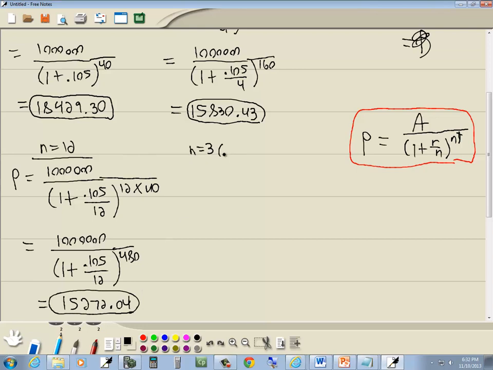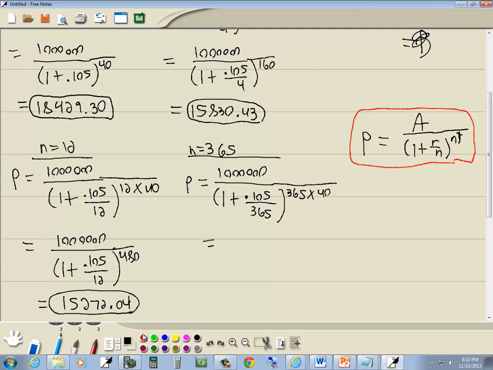The next one is N is equal to 365. Plug into the same formula. So we've got 1 million divided by 1 plus R, which is 0.105, divided by N, which is 365, raised to NT power, which is 365 times 40. Now this one I'll type in as I see it, and I want to be sure to put parentheses around the exponent like that.